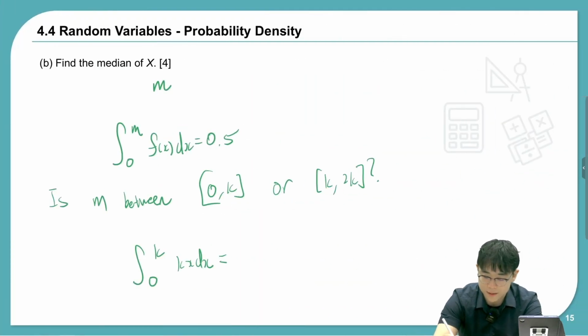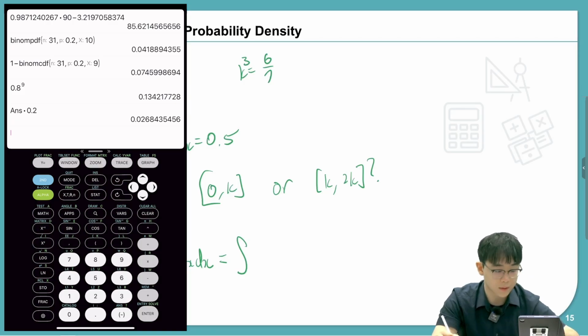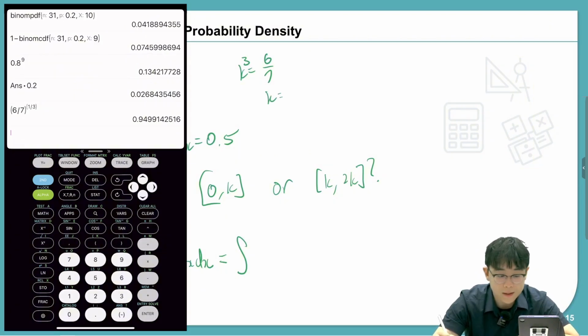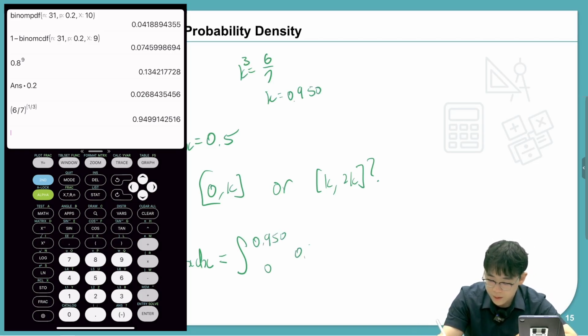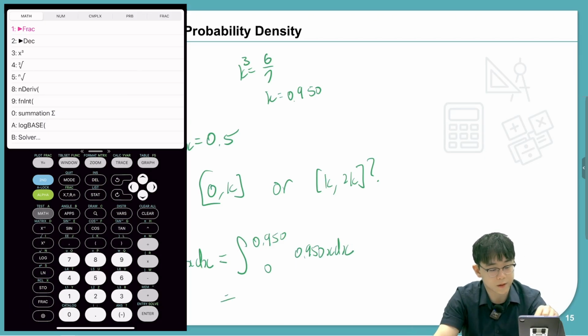So let's just find out what k would be. From earlier, we found that k is going to be 0.950. So if k is 0.950 here, we could evaluate this and see if it is greater than or less than 0.5.